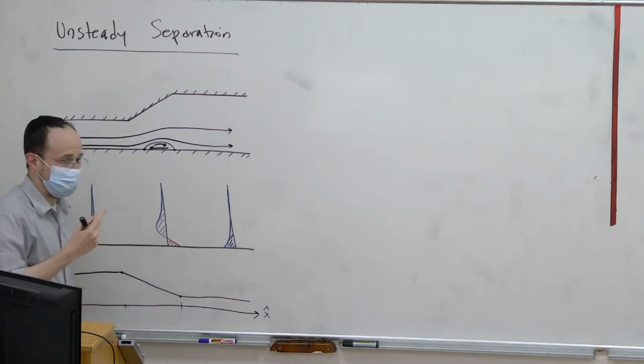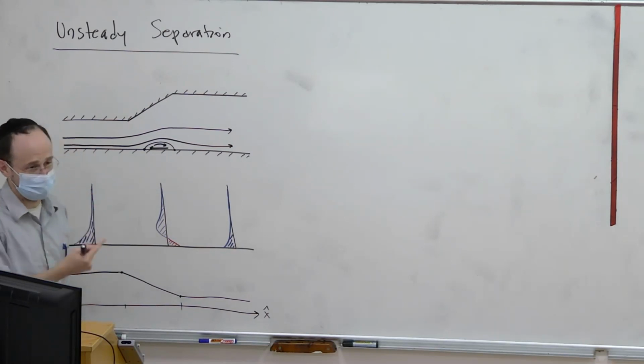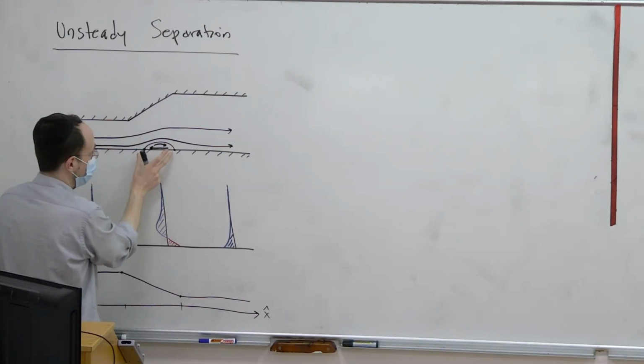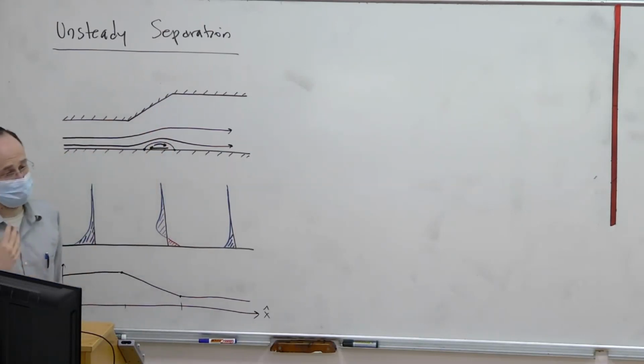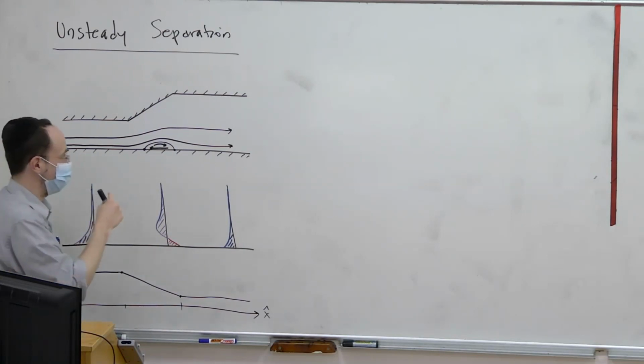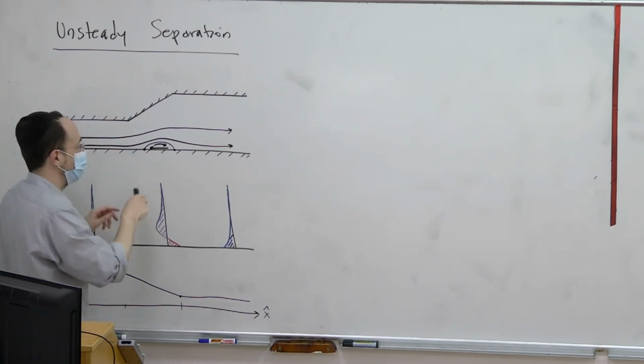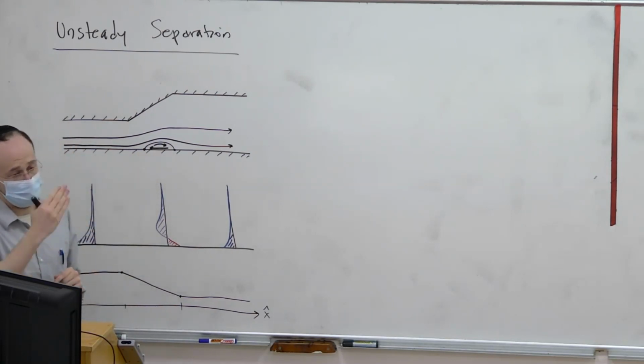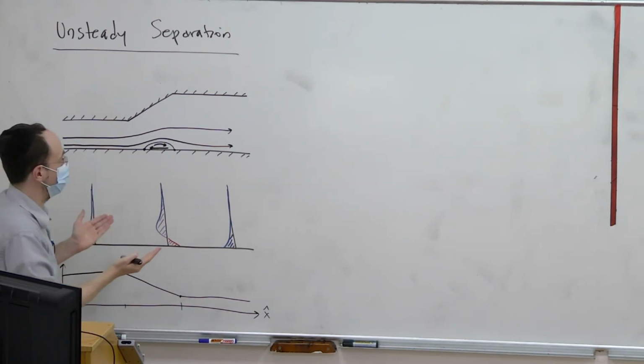The adverse pressure gradient means that we're going to have a vortex sheet that's created of the opposite sign. So we'll have a vortex sheet that's created right in this region. And if that vortex sheet is strong enough, then there's a possibility for flow reversal in that region, that the vorticity could change sign at some point. So I have that marked here. The vorticity changes sign. If the vorticity changes sign, therefore the flow reverses, therefore you have separation.